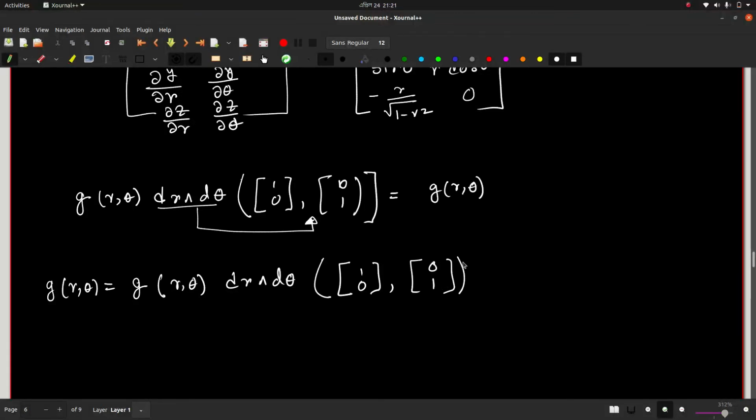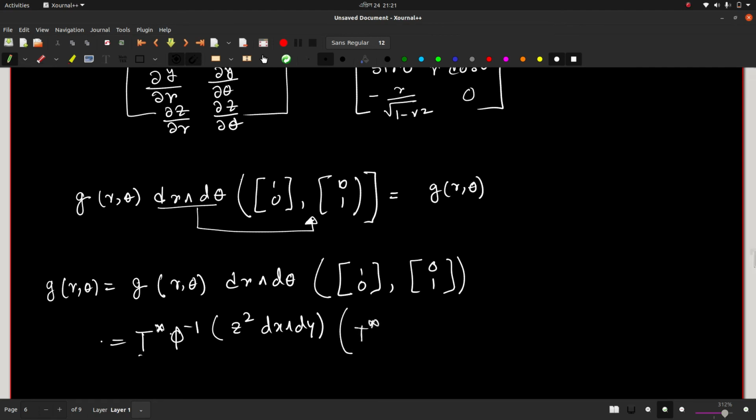and on the next line you want to introduce that map t star phi inverse 1, z squared dx wedged with dy, and there are this t star phi inverse 1 1 0 0 1, sorry, it shouldn't be here.